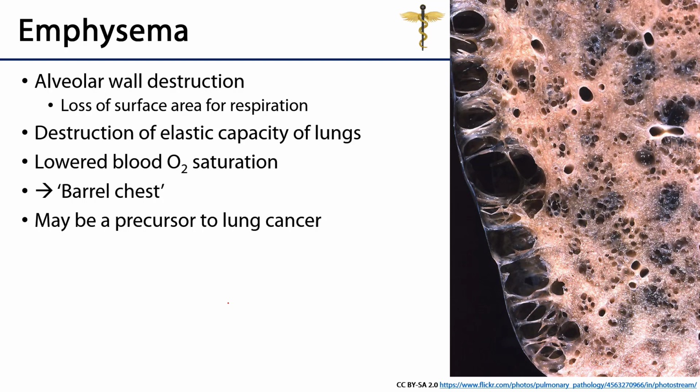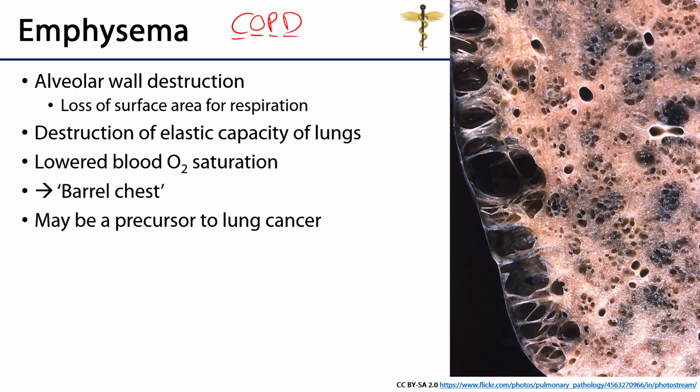Emphysema is also an issue that can come with smoking. Emphysema is a form of COPD, or chronic obstructive pulmonary disorder. And with emphysema, there's a destruction of the alveolar cell walls.